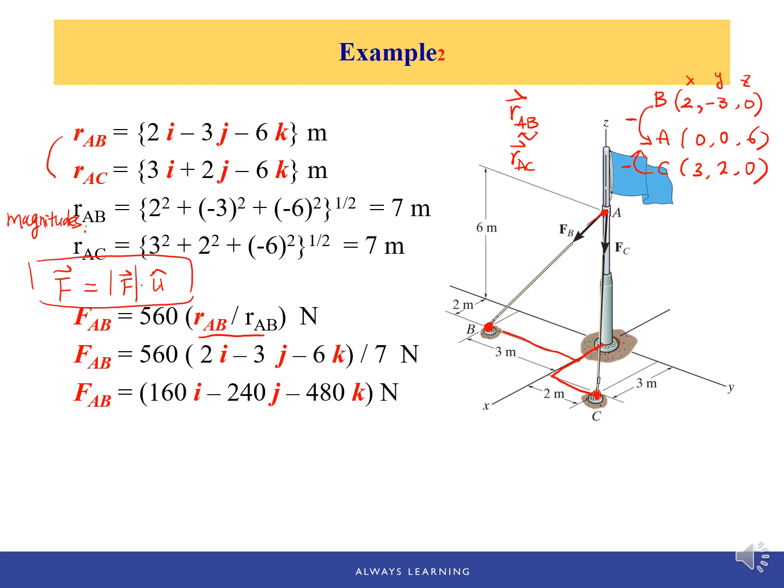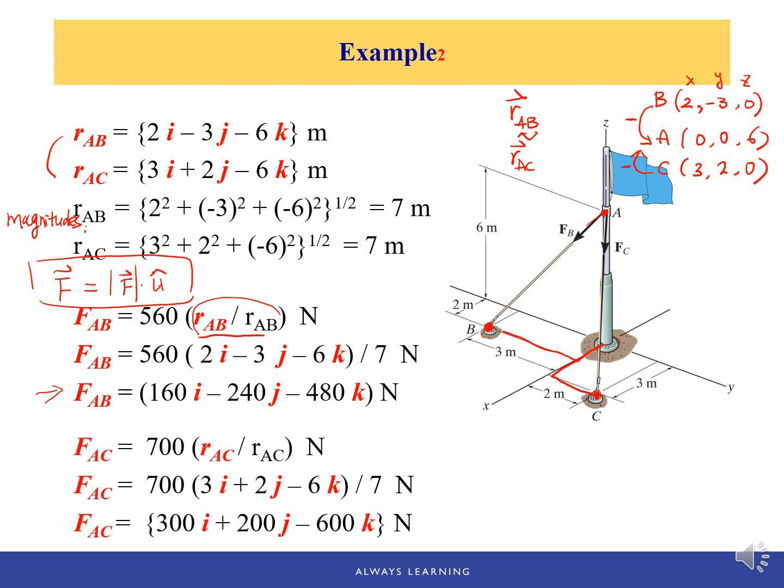So we're going to use the position vector RAB divided by the magnitude of RAB to get the unit vector of RAB, which is also the direction of FAB, and times the magnitude, which is given, 560. And we do the math, and we find the Cartesian vector form of the force FAB.